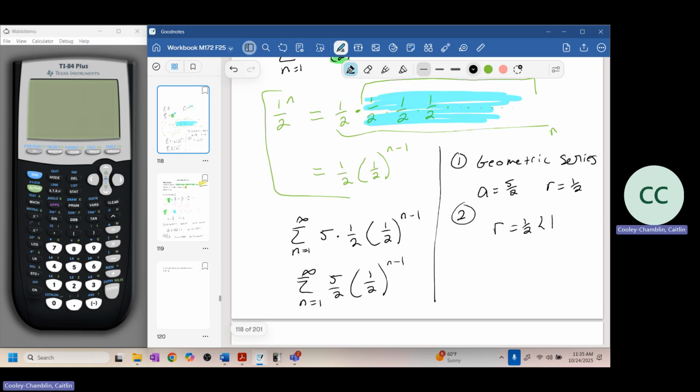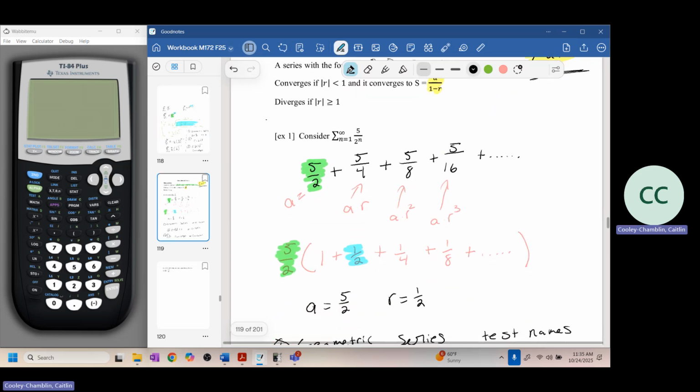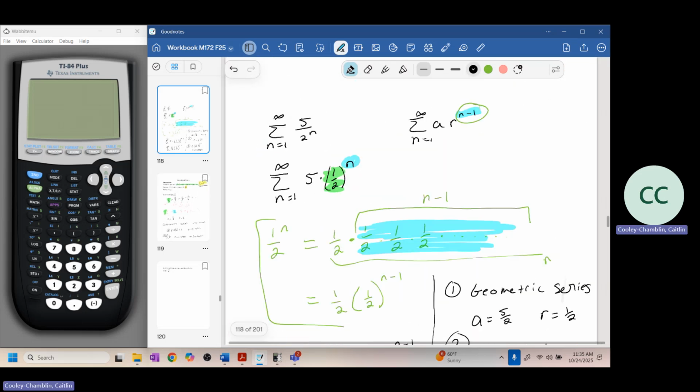So this is step 2. Give me some criteria. Please, the more information you give, the better. And step 3, the summation of 5/2 times 1/2 to the n minus 1 converges. Okay. So either way, you can write them out or you can just work in the summation.